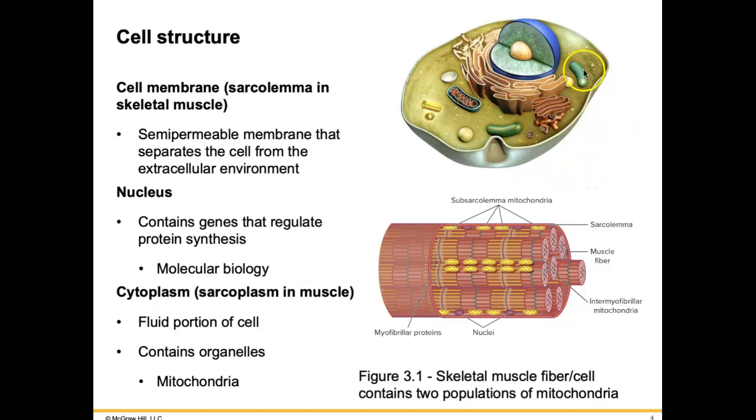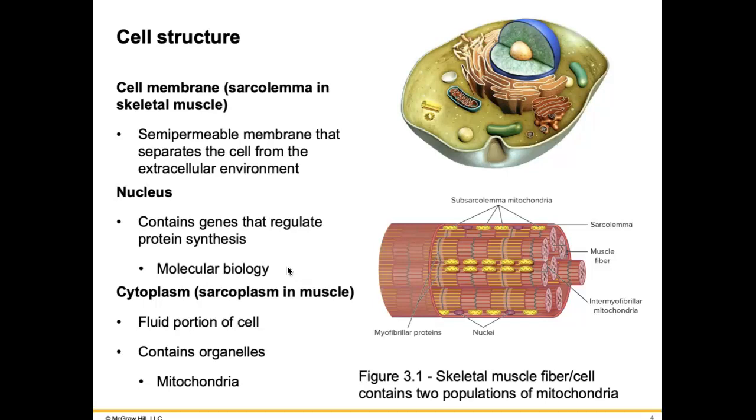The other structure we have is the nucleus, and the nucleus contains genes that regulate protein synthesis, and that will help determine the cell composition and control cellular activity. It is the branch of molecular biology that's concerned with how these genes are being regulated, and we'll dive in deeper in the coming slides on that.